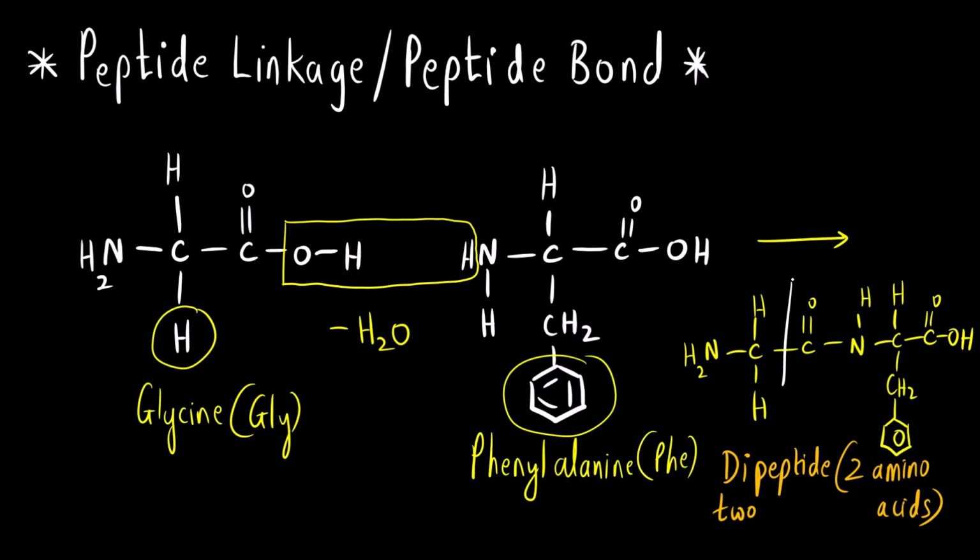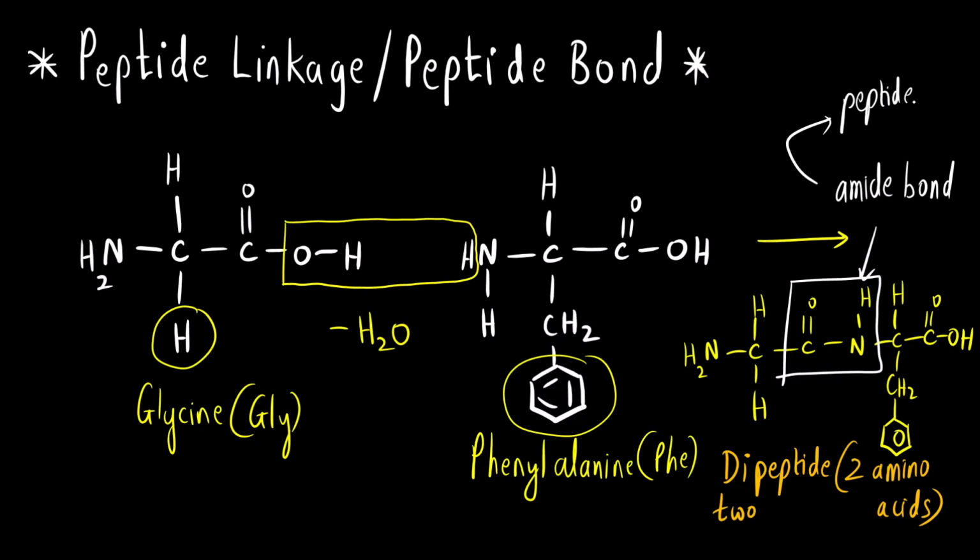This amide bond, CONH, is nothing but what is called a peptide bond. There are two names: it is called a peptide bond, or it is also sometimes called a peptide linkage.